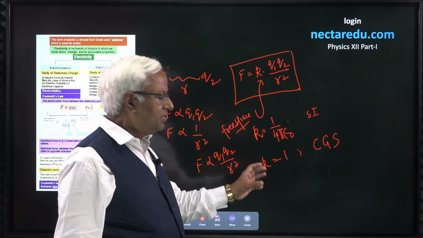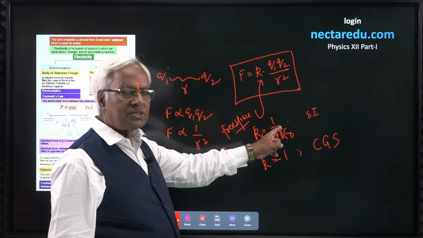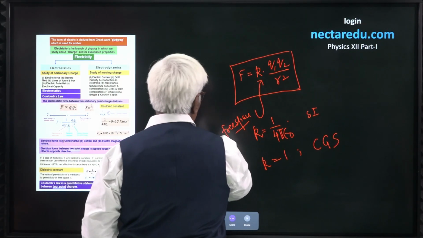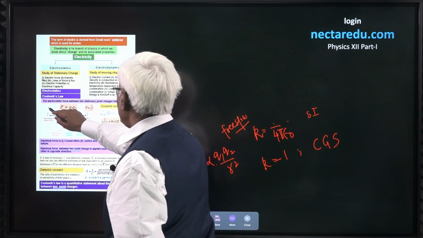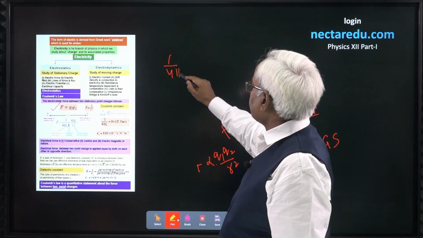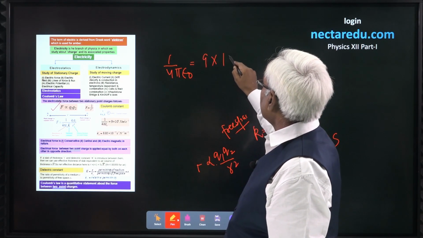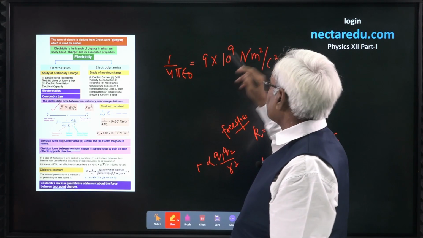But when you are considering all units in SI, then you need to use this relation, K equal to this much. Coulomb's law we have covered. This 1 by 4 pi epsilon 0 is the value of Coulomb's constant. This is equal to this much Newton meter square per Coulomb square.